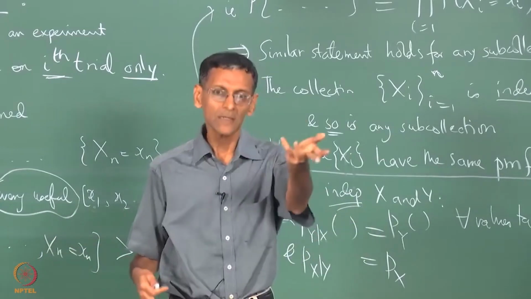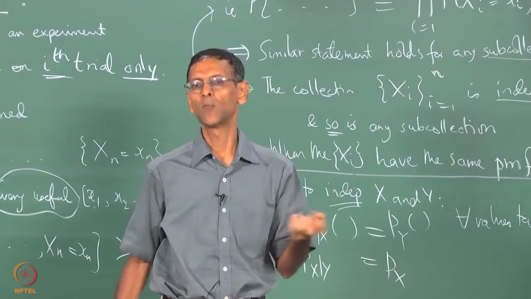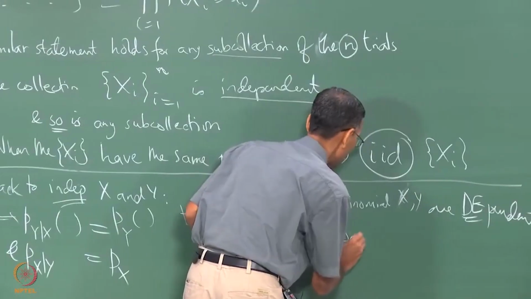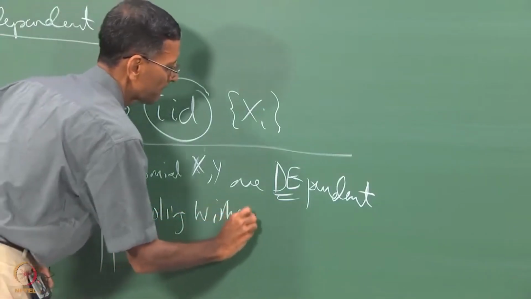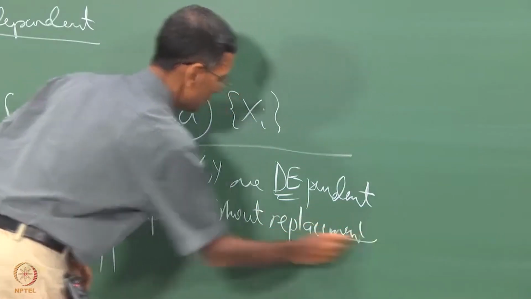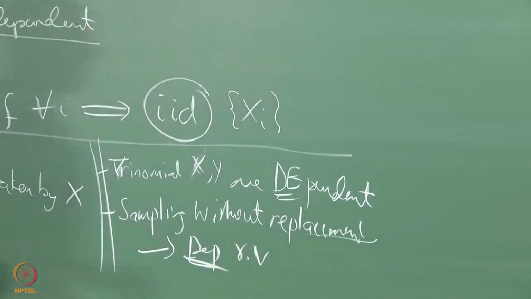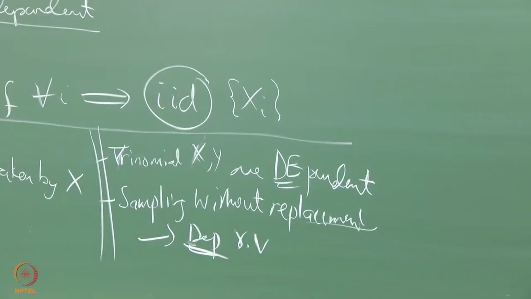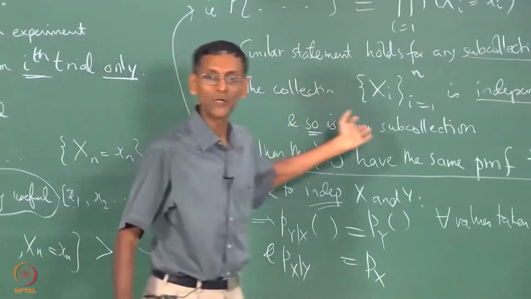Like for example, the other case that we studied, of drawing two numbers from 1 to n. So sampling without replacement gives you dependent. So we can always shrink independent to INDEP and dependent to DEP. Of course, IID is another very important acronym we will be using a lot.